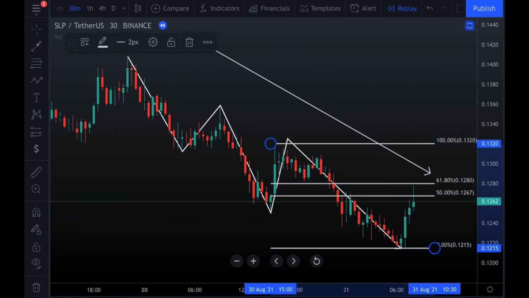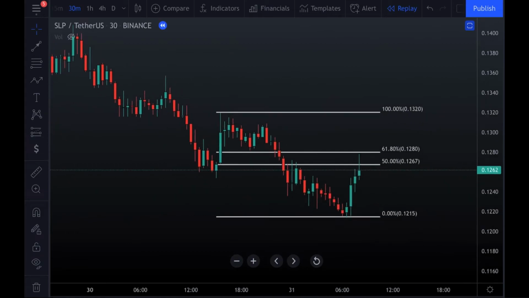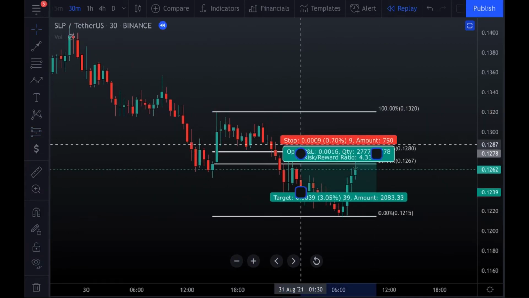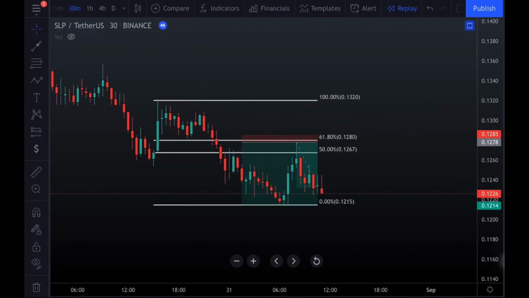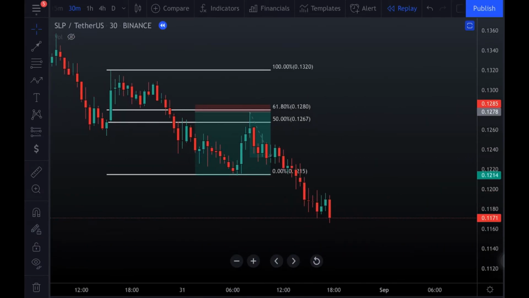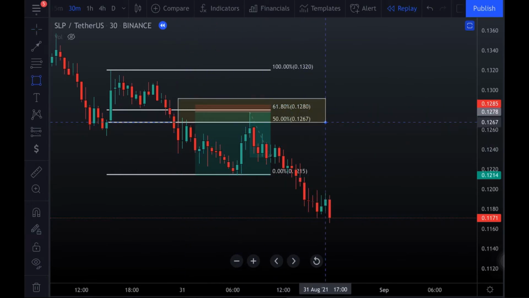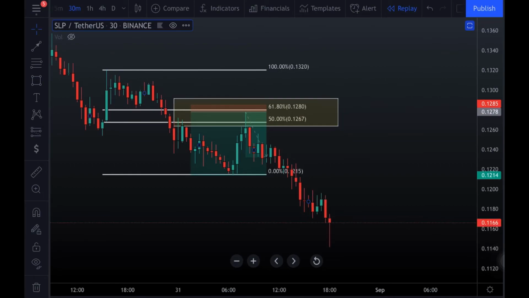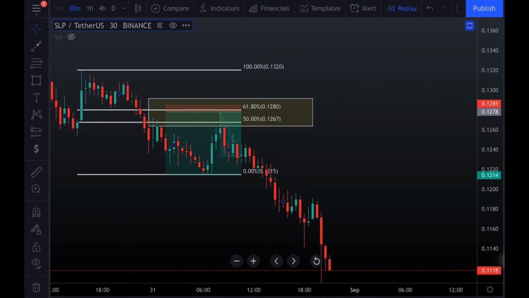And as it touches these areas, what the average trader does is they enter a short position here. Now, let's see what the market does. You can see that after this recent swing low, the pullback touches the area between the 50% and 61.80% level and bounces from it, continuing the downtrend move in the market.